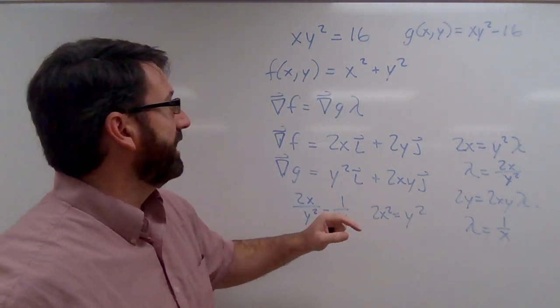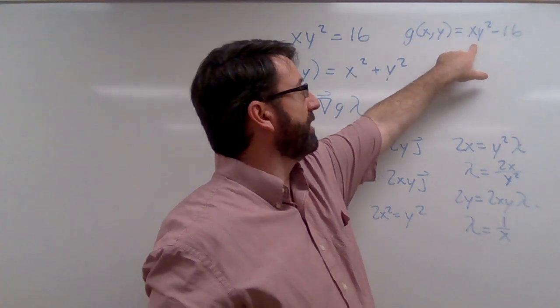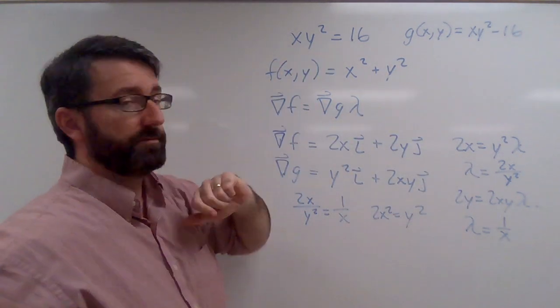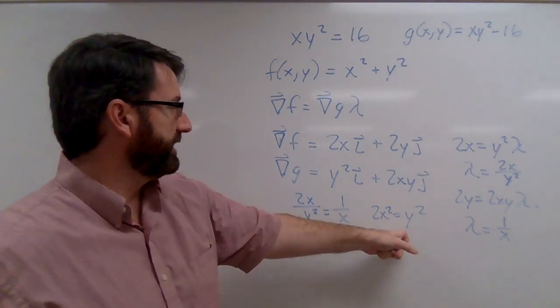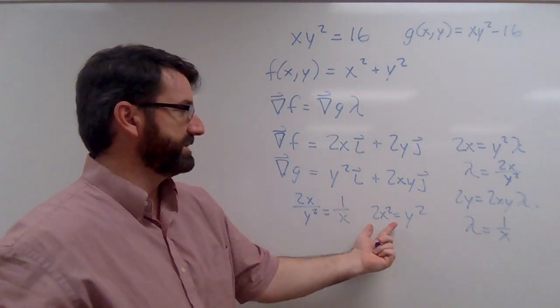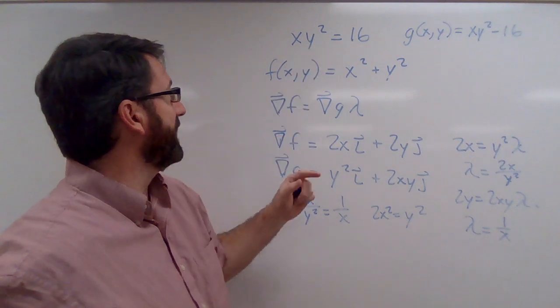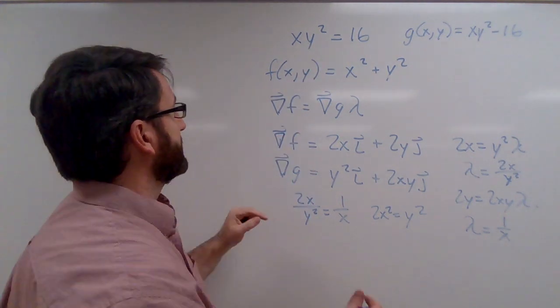And now let's go back up to our constraint here, xy squared is equal to 16. So here we have y squared is equal to 2x squared. So let's replace that y squared with 2x squared.